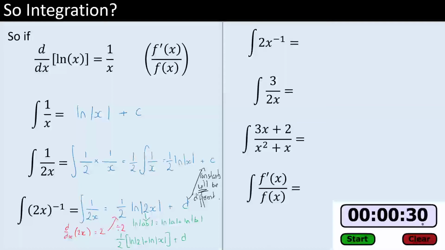Now if you're saying to me, well, which one do I go for? I've got two different looking answers for the same thing. My instinct is always it doesn't matter. It can always work itself out in the end. The constant of integration will take care of itself. It generally doesn't matter.